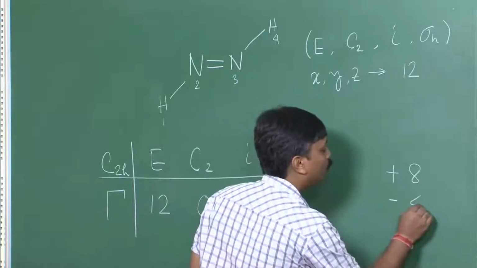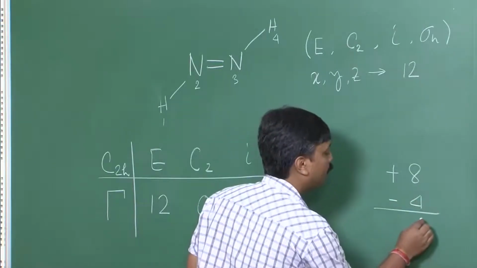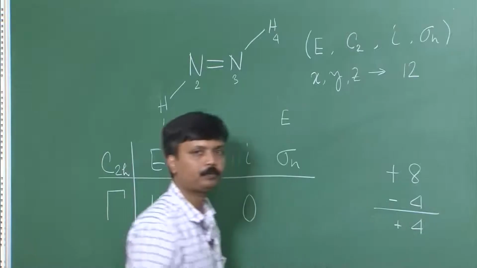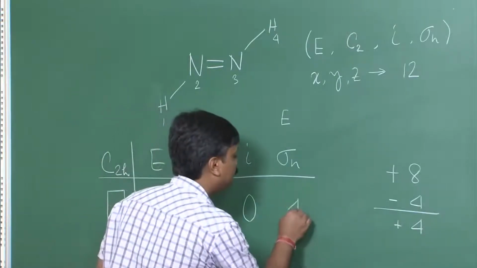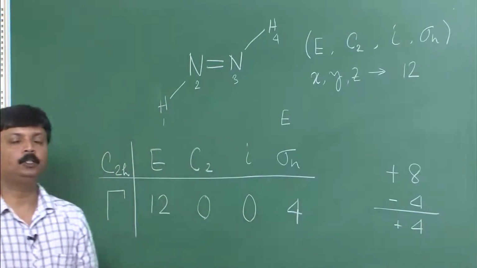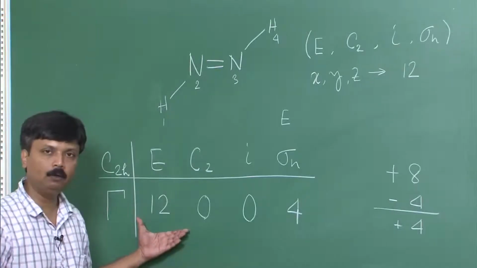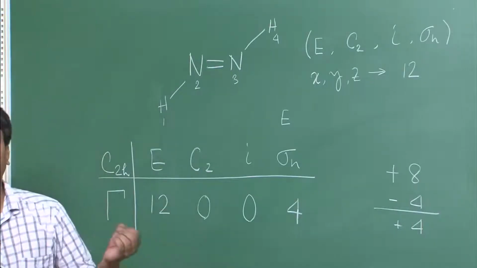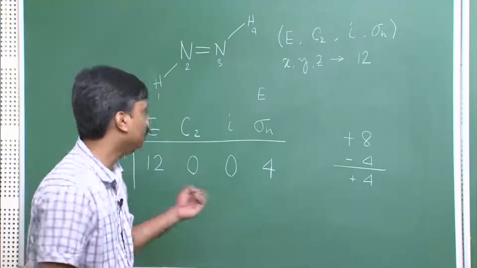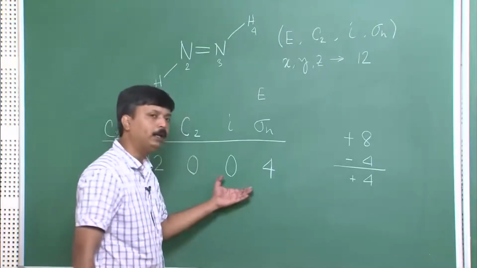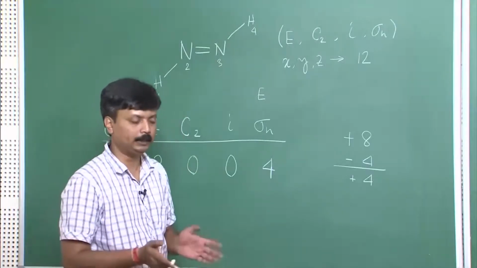So, overall the character will be +4. So, this is what I get. See how easily I can find out the representation of a molecule in terms of characters without worrying about the matrix representation.